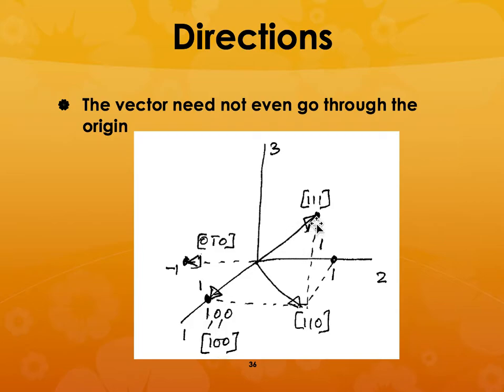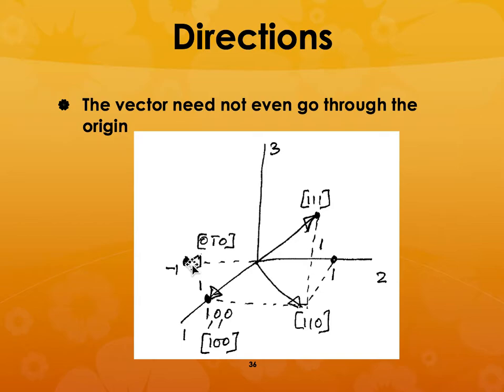So here are some examples of that. This direction is 1, 1, 1, this direction is 1, 0, 0, this direction is 0, 1 bar, 0, because the atom is located at this point.